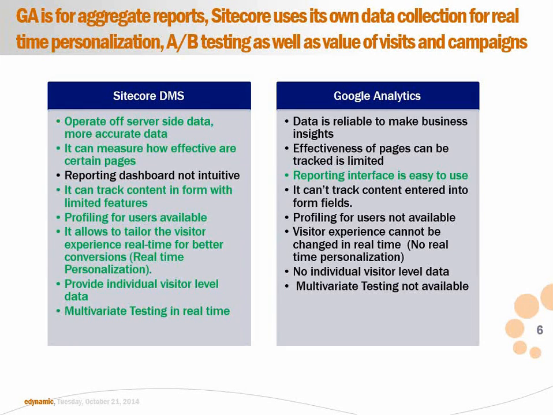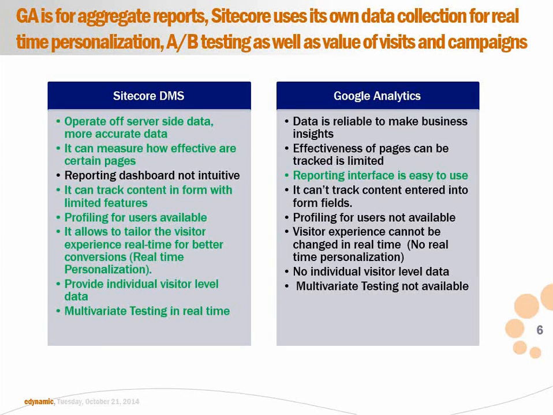The advantage of Google Analytics is that the reporting interface is very easy to use. Sitecore DMS reporting is still in the development phase. The reporting dashboard might not be as intuitive as Google Analytics, but there are several other features that make Sitecore DMS a unique platform, in the sense that you can track content in forms.